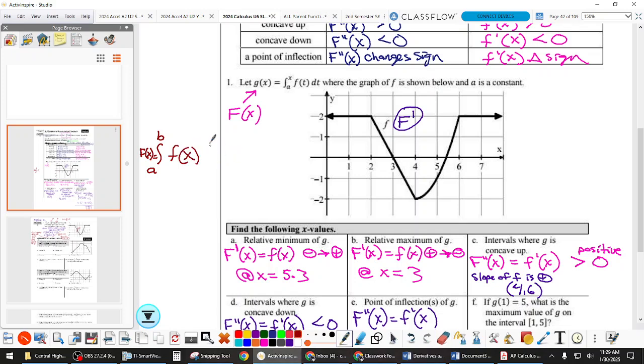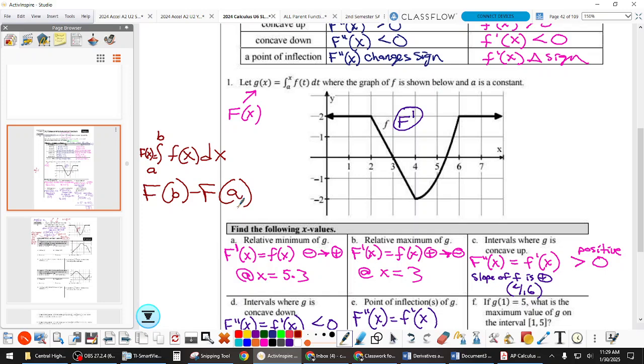When we do this down the road, we're going to be doing big F of B minus big F of A to calculate that area. So we take the upper limit, plug it in, and then take the lower limit and plug it in, and it's a subtraction thing, okay?